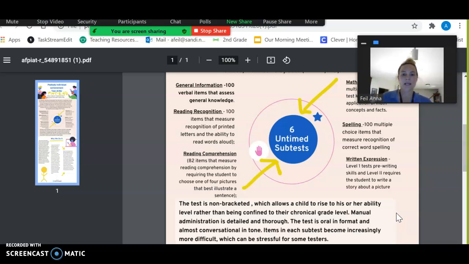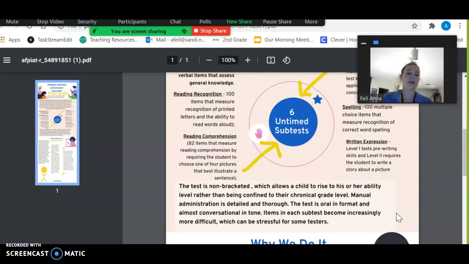difficulty in. It's mainly a conversational test, so the examiner is talking to the examinee, and they're conversing back and forth.